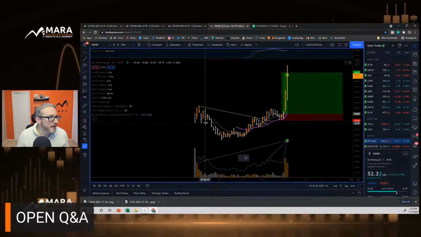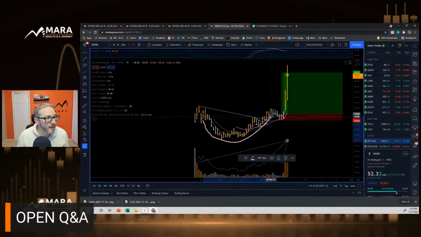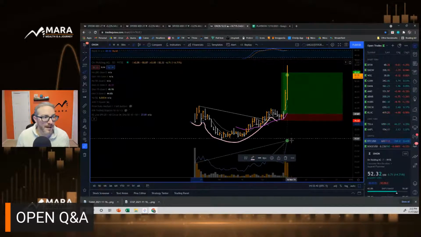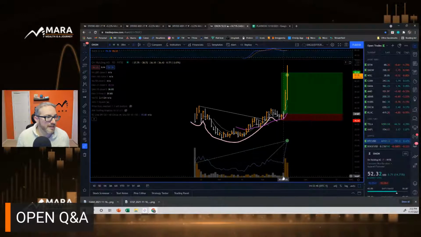Recent IPO. You might look at this whole structure as a cup with handle. Maybe extend this part and you're saying, oh, it's an inverted head and shoulders, kind of splitting hairs here. Either way, it's a great setup. Pullback, volume pretty light in the handle, and you can't ask for a better breakout than that.